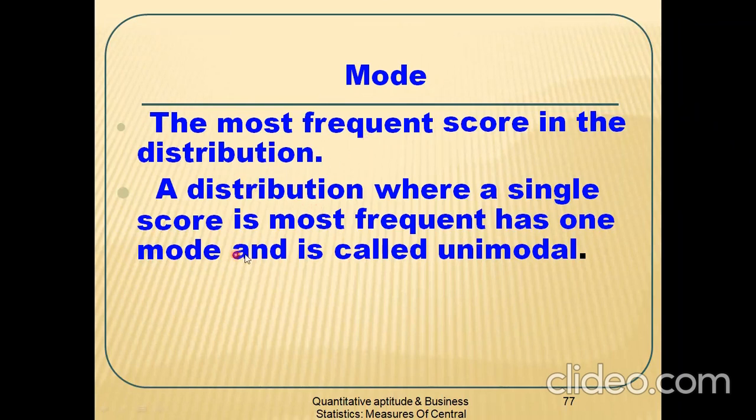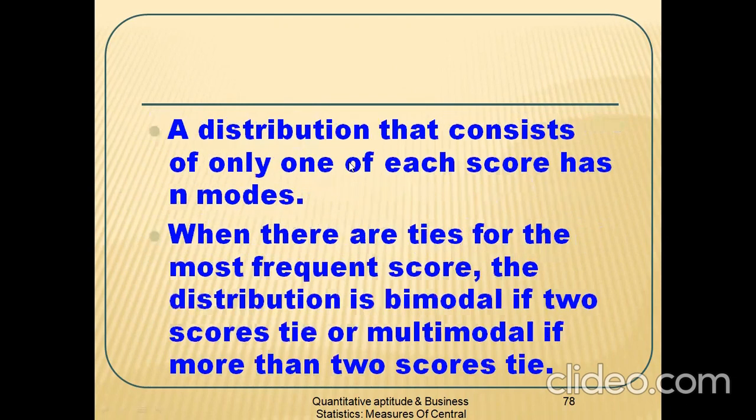Similarly, a distribution where a single score is most frequent, having one mode, is said to be unimodal. If in the given set of observations we have more than one mode, that is two modes, then we consider it bimodal. Suppose instead of two modes there are more than two modes, then we consider the distribution multimodal.